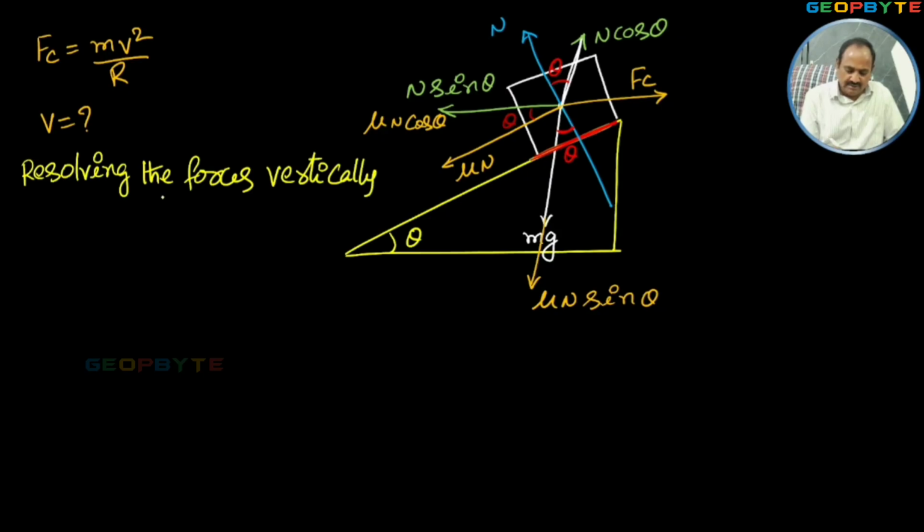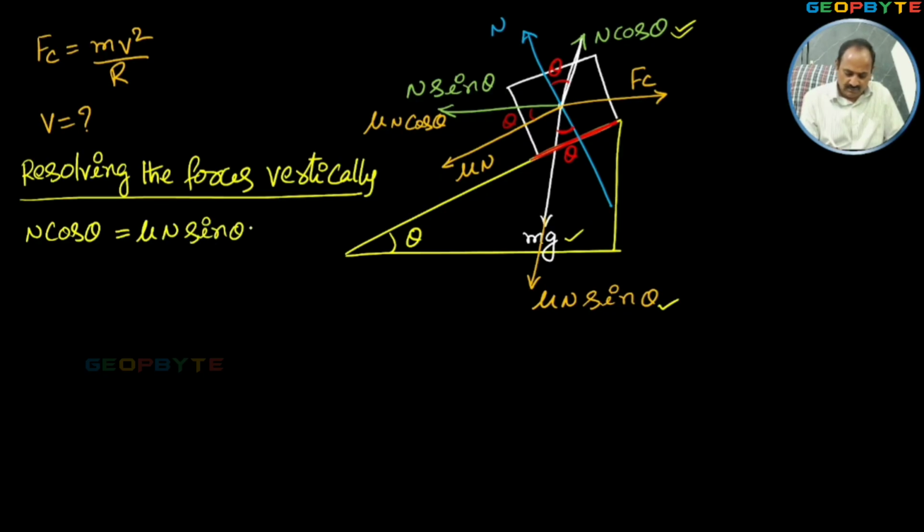Resolving the forces vertically means I am going to equate vertically upward forces with vertically downward forces. Vertical upward force is N cos theta. Vertically downward forces are mu N sin theta plus mg. From this, I can write N cos theta minus mu N sin theta is equal to the self weight of the car.